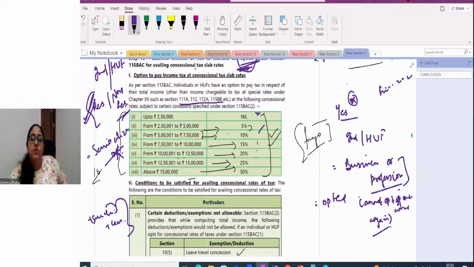Once you have claimed those benefits, and in future years you think now I don't have additional depreciation, now I don't have interest on loan, now I don't have HRA, then just go for the scheme. It would be a beneficial scheme any given day. Okay, so just see what type of option you are choosing. A business person can opt out of 115BAC, but once he opts out, he cannot come in again. Okay.